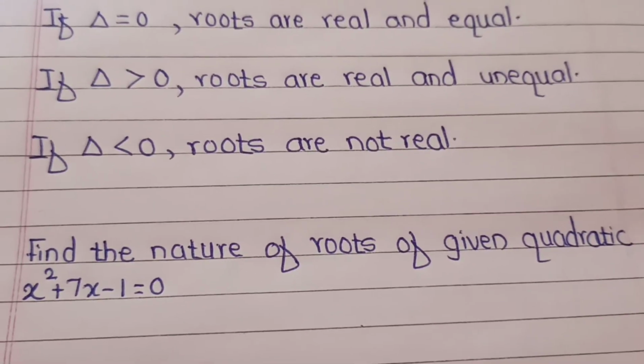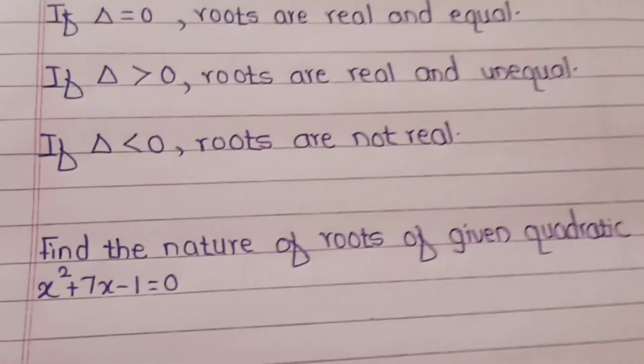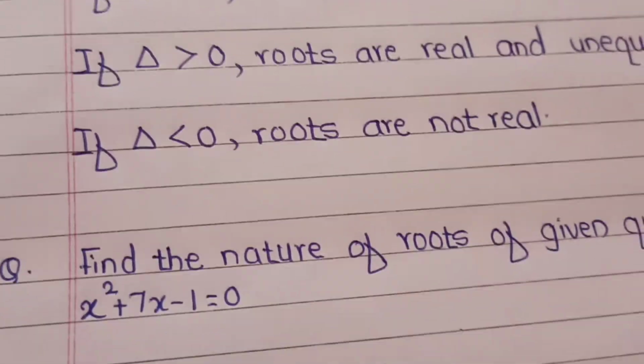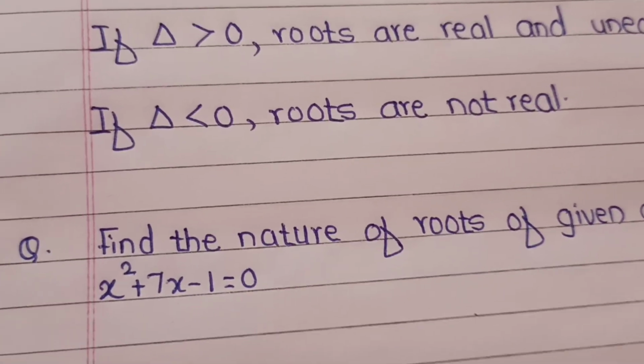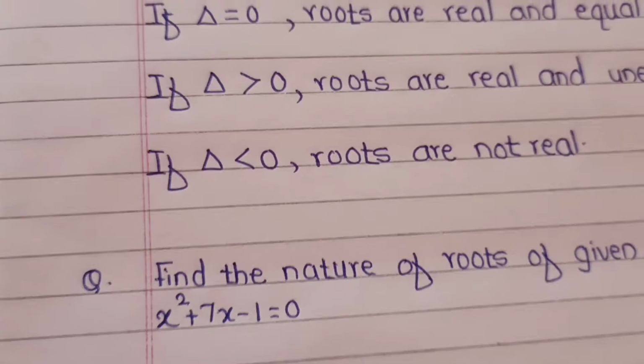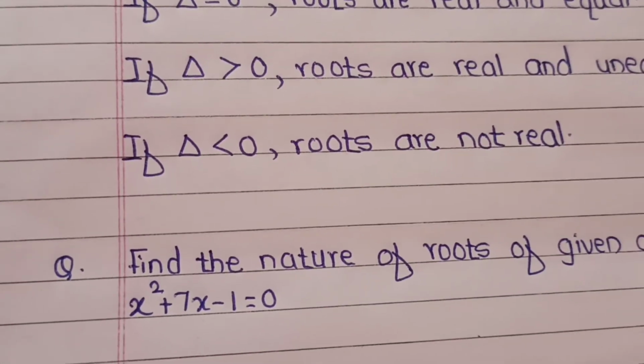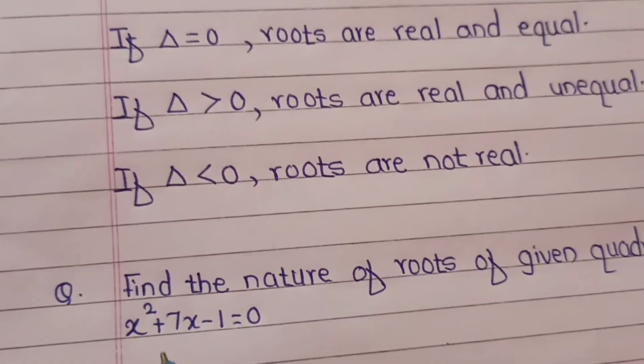So the question is, find the nature of roots of the given quadratic equation x square plus 7x minus 1 equal to 0. So the first step is we have to find the value of discriminant delta.